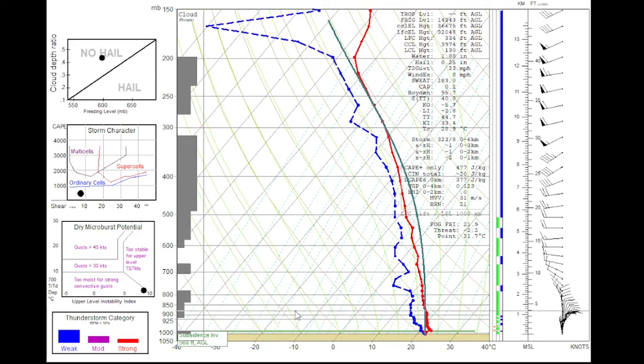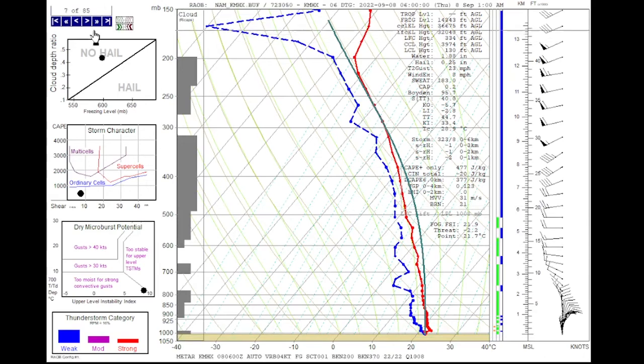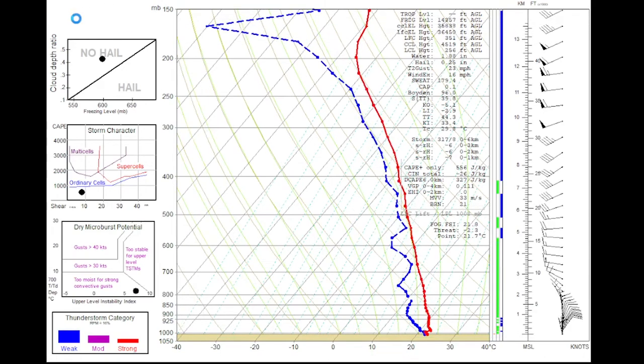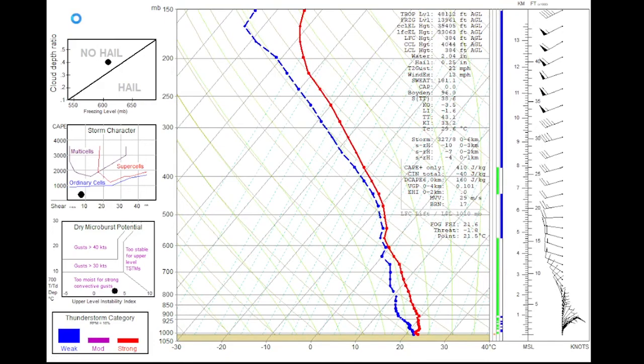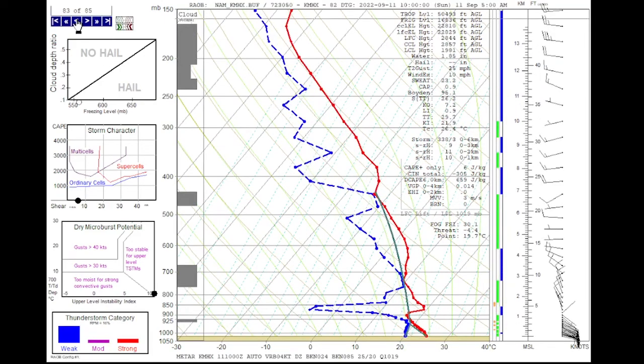Inversions, this looks like an inversion on the surface. Subsidence inversion at 568 feet above ground level. So this program does tell you what type of inversion you have. If we back this up and see if we could pull one where we get to an inversion. Right there's one.